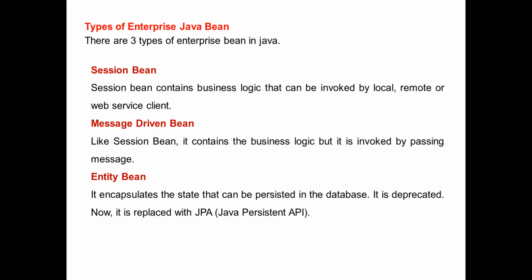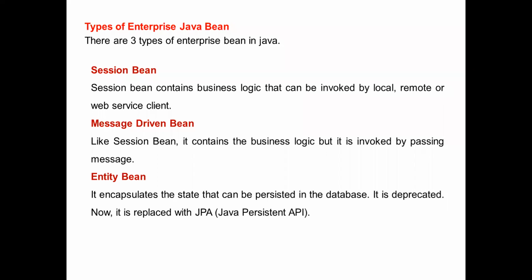Encapsulated means we separate the persistence, and by using the database it is deprecated and replaced with the Java Persistence API. So these are the three types of enterprise Java beans: session bean, message driven bean, and entity bean.